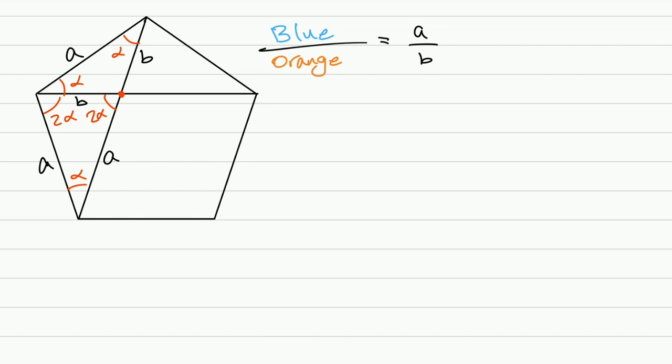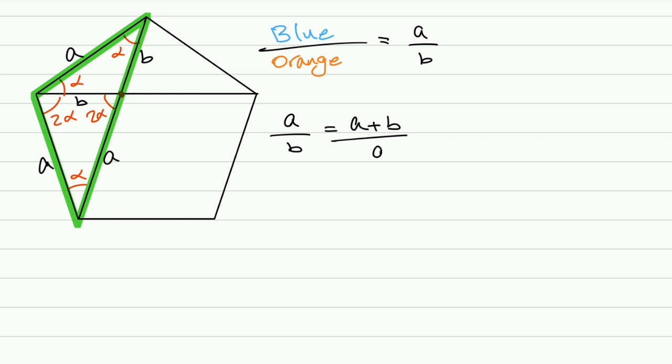Alright, now let's focus on two similar triangles here. We have this triangle that is similar to this triangle, two isosceles triangles. And we can form an equation based on the ratios. So for this isosceles triangle, the ratio of the base to one of the sides, A to B, is equal to the same ratio for the bigger triangle. For this one, the base is A plus B, and the side is A. And we can simplify the right side.